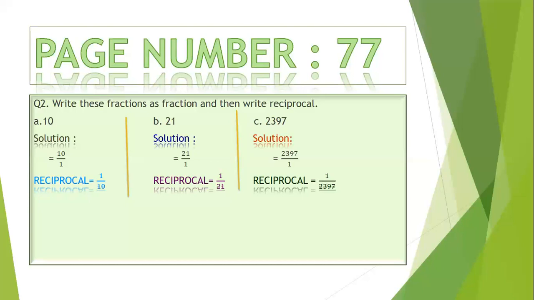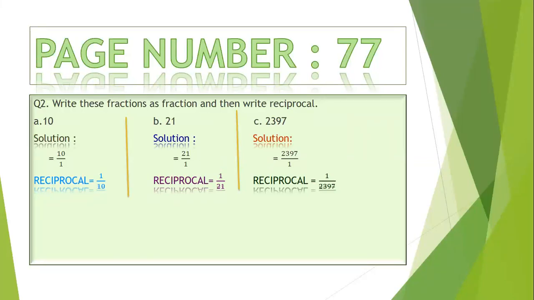So first you will write all the numbers in the fraction form. 10. 10 is a whole number, and I told you when we put 1 in the denominator, the whole number will become in the form of the fraction. 10 over 1. Now you have the fraction, you can take easily the reciprocal of this number. 10 over 1, the reciprocal of this number will be 1 over 10.